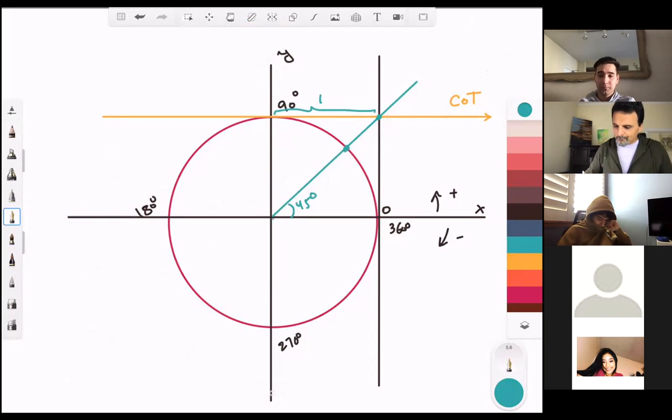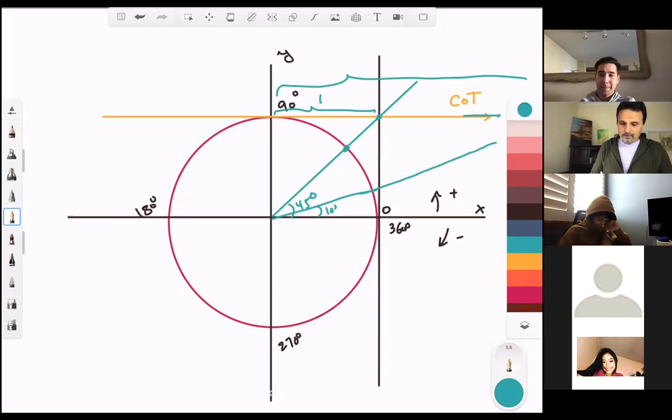If it is 10 degrees, correct? If you let the line go, it will cross somewhere big. So this much is going to be cotangent of 10. What is cotangent of 0 degrees?